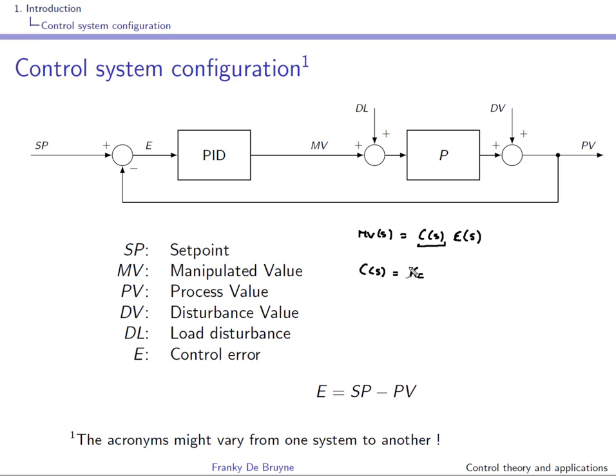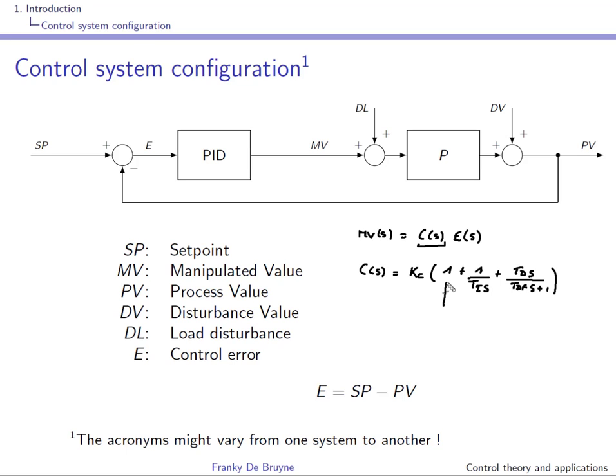It's Kc, the gain of the controller, times 1 plus 1 over TI s plus TD s over TDF s plus 1.